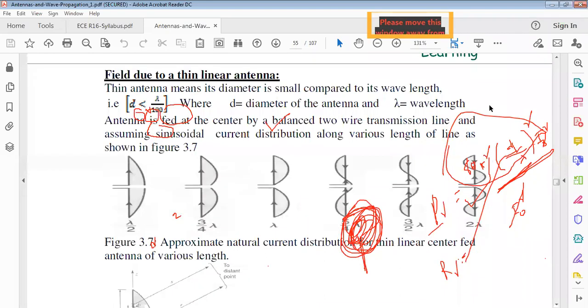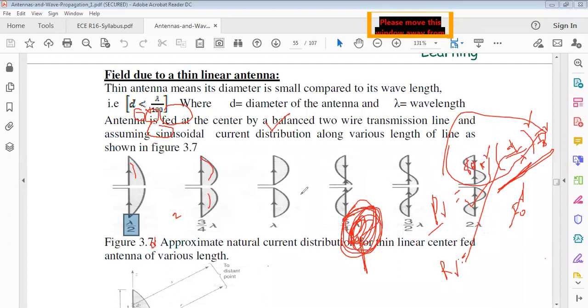Field due to thin linear antennas. See here, when the antenna length is lambda by 2, the distribution is like this. If it is 3 lambda by 4, it is like this.